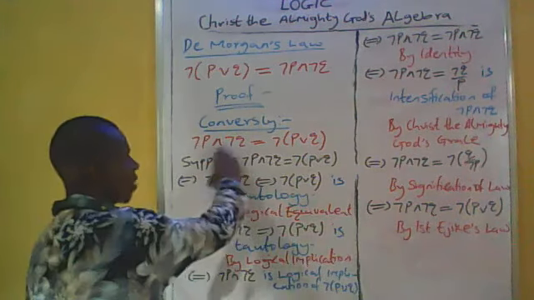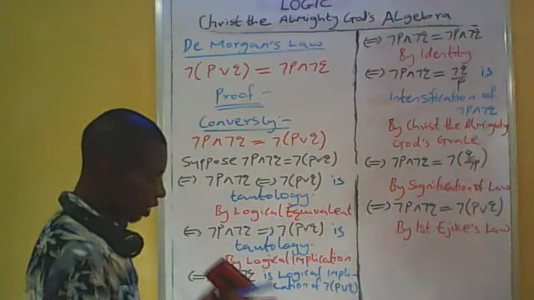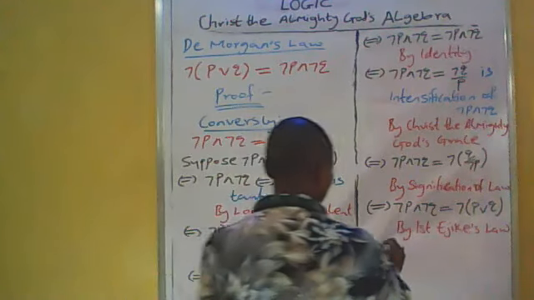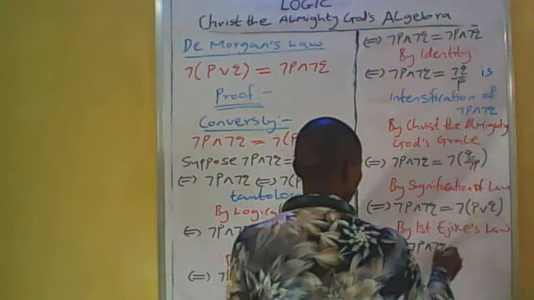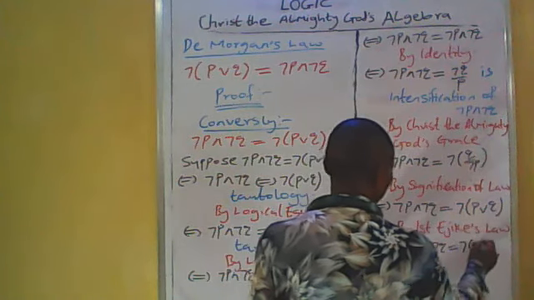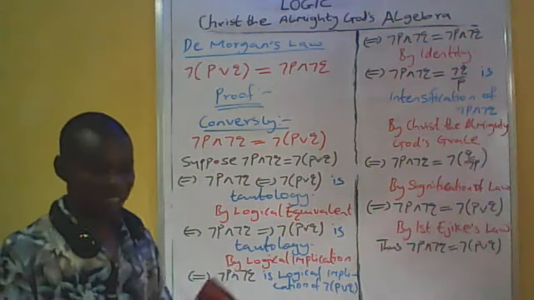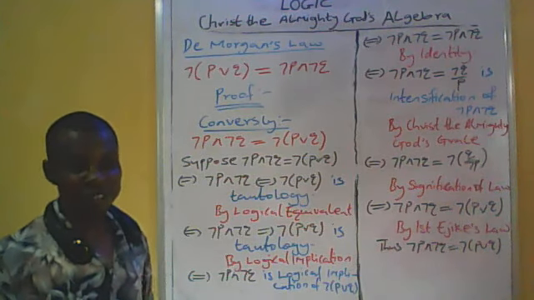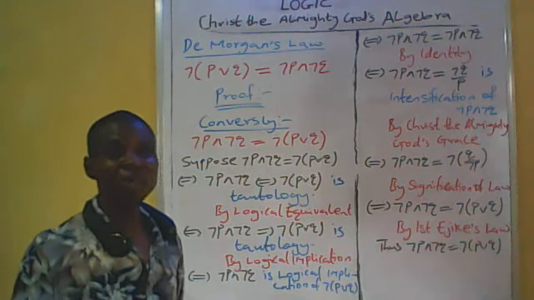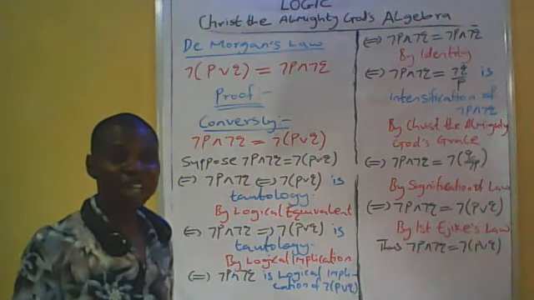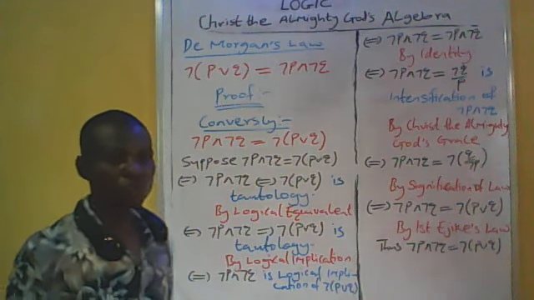You see the converse, we have now proved that it is true. Thus, not P and not Q is equal to not bracket P or Q. Since you have now proved the converse, by the principle of essentiality, we then establish that not bracket P or Q is equal to not P and not Q.